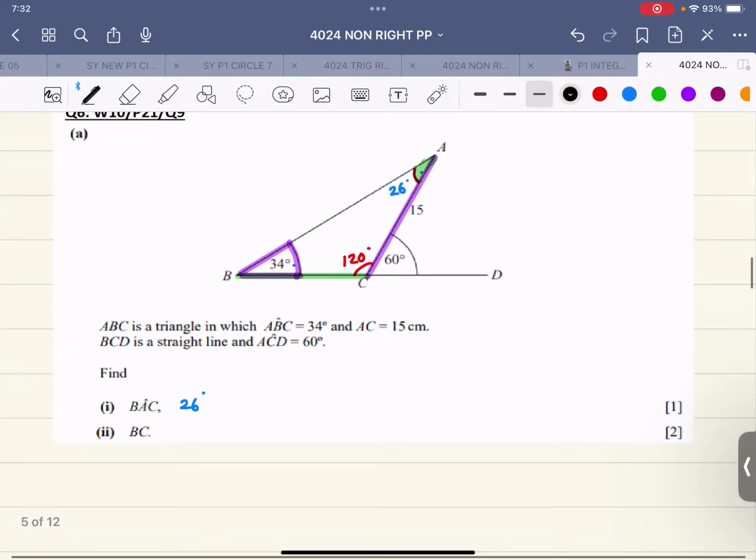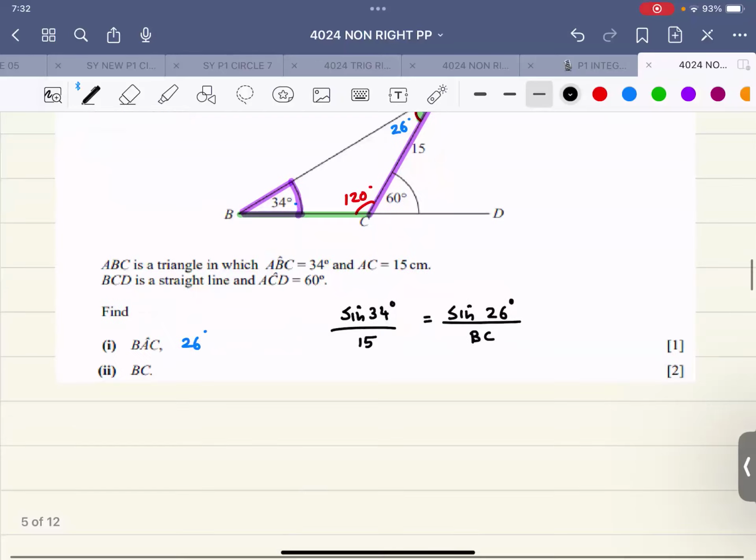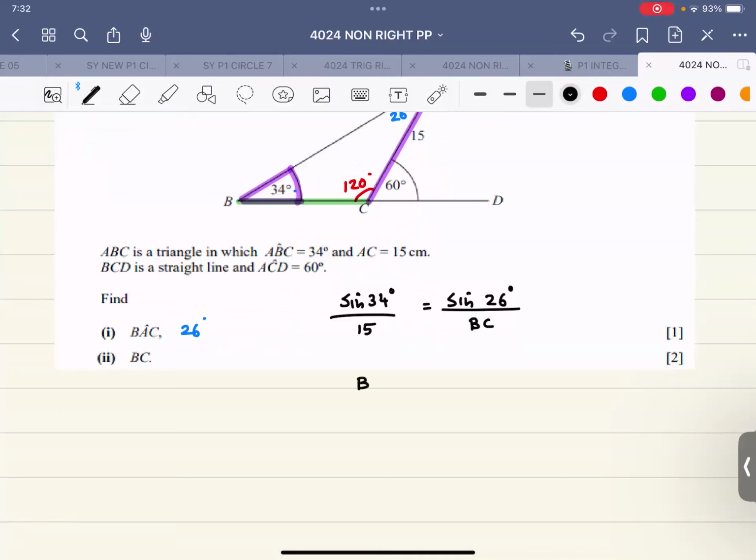Therefore, we will write sine of 34 divided by 15 is equal to sine of 26 divided by BC. So I'll just make BC the subject. BC equals 15 sine 26 divided by sine of 34.